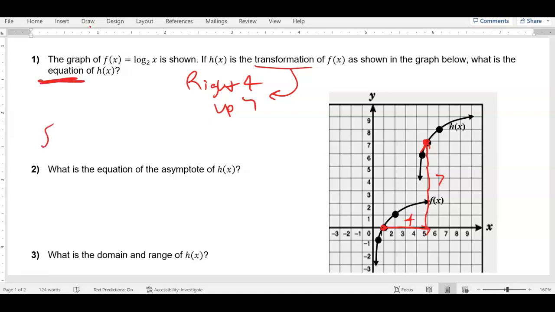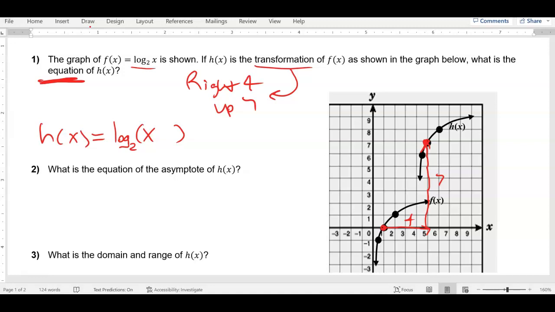So our equation, when we write it, is h of x equals, now the original is log base 2 of x. Now let's remember, the insider is going to lie and be the horizontal change. The outsider is not going to lie, it's going to be the vertical change.